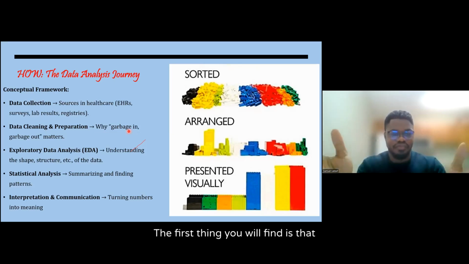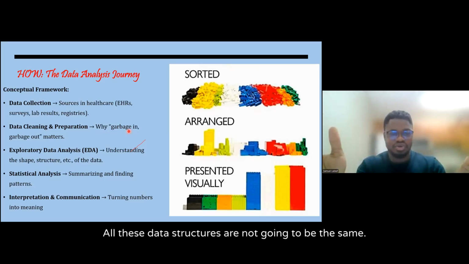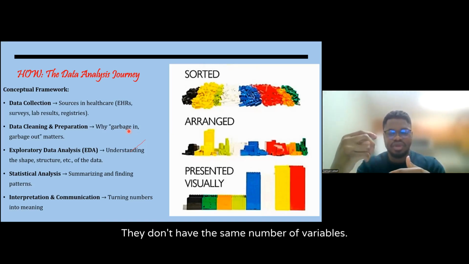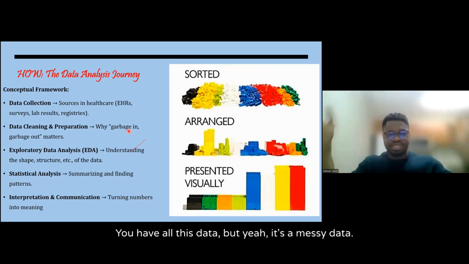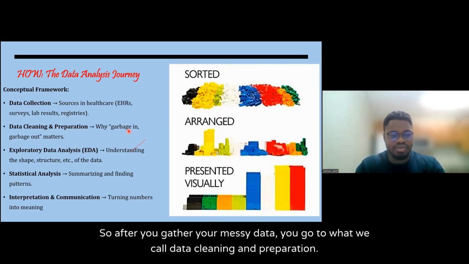The first thing you will find is that all these data structures are not going to be the same. They don't have the same number of variables. They are not showing the same thing. You have all this data, but it's messy data. So after you gather your messy data, you go to what we call data cleaning and preparation.